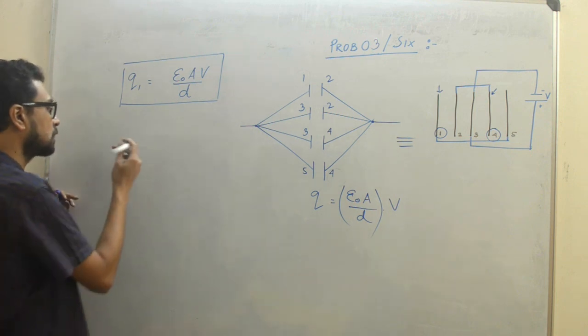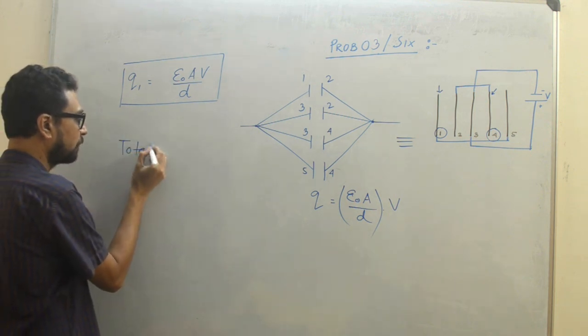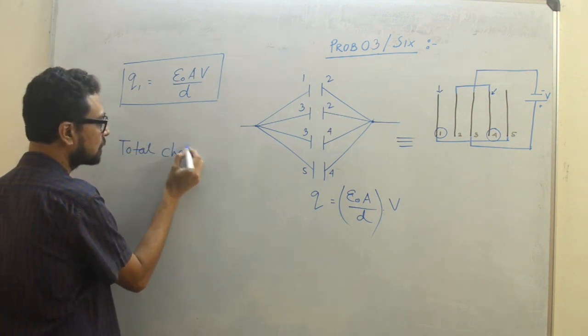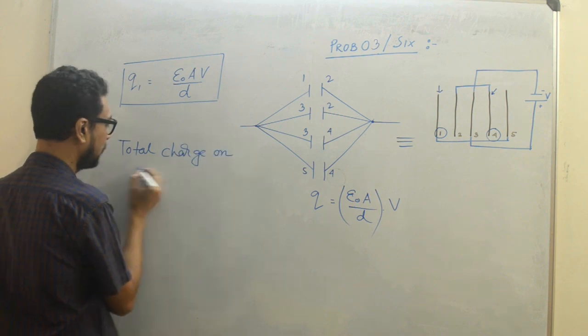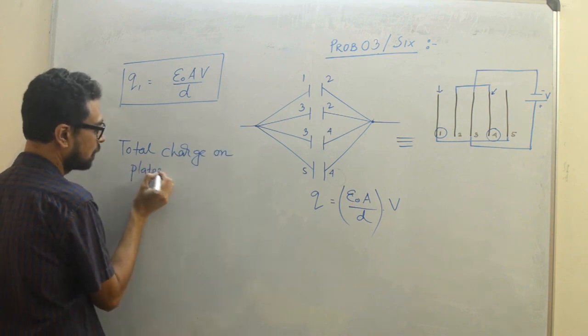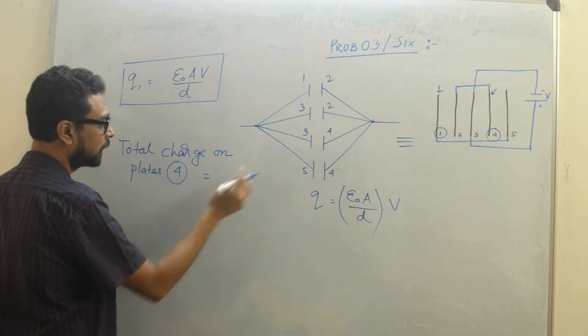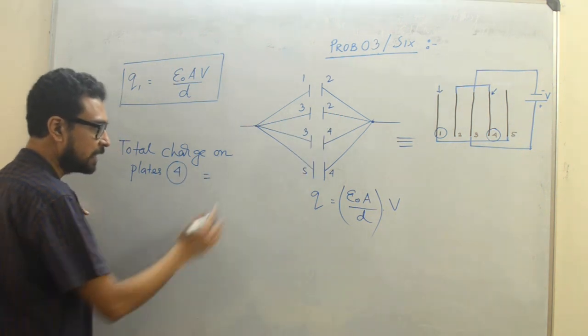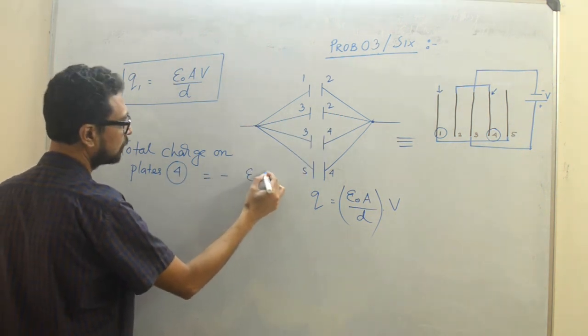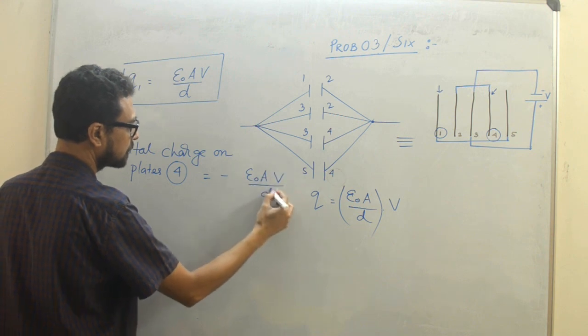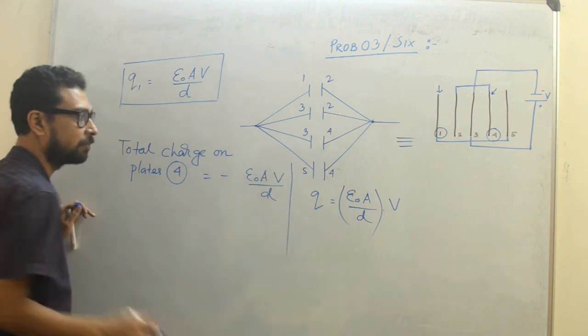So total charge on 4, on plate 4, total charge on plates 4, mark 4. There are 2 occurrences. Each is having epsilon naught A V by D. This is the charge they are having on 4.